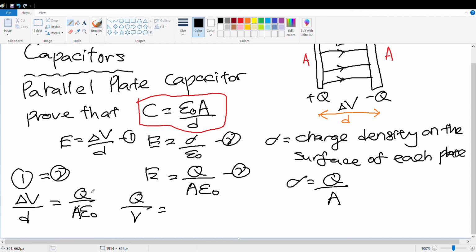After that, these two variables move to the other side again, so what I get is epsilon naught A over D. Q over V is C. So C is equal to epsilon naught A over D. This is another important formula for the capacitance of the parallel plates capacitor, instead of the metal sphere conductor.